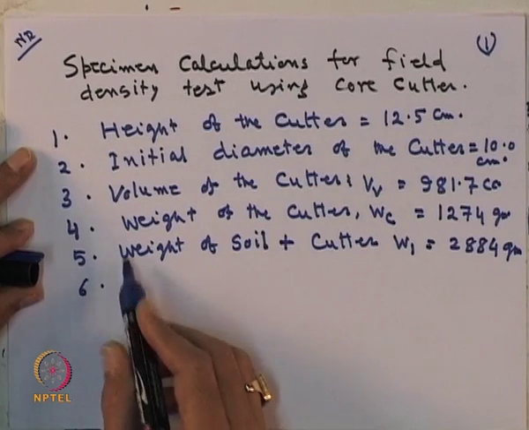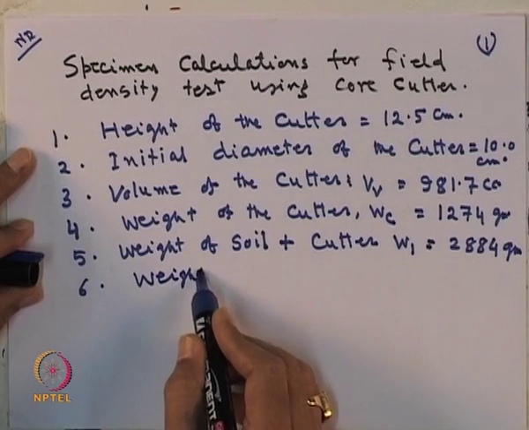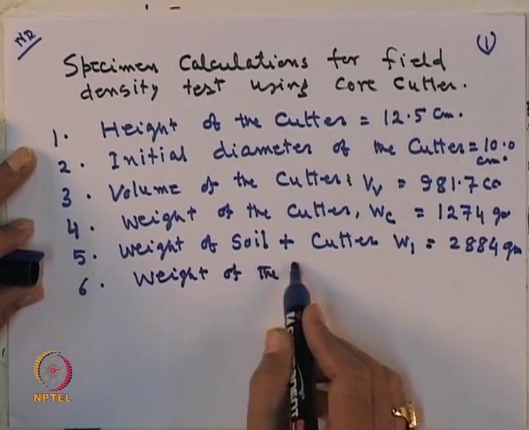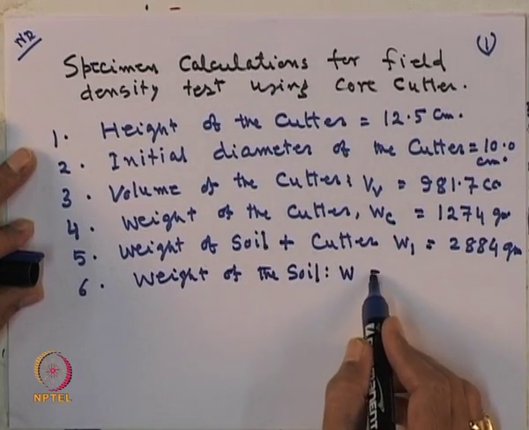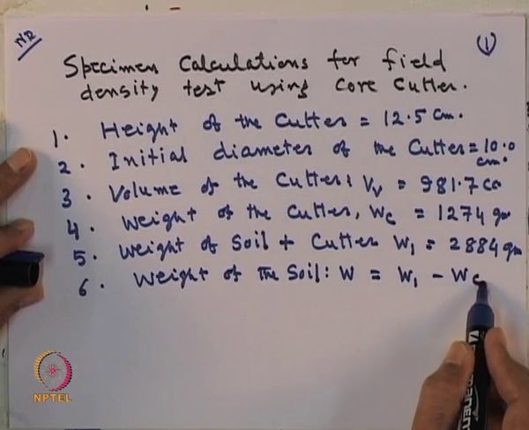Now, you can calculate the weight of the soil, that is W is equal to W1 minus WC.